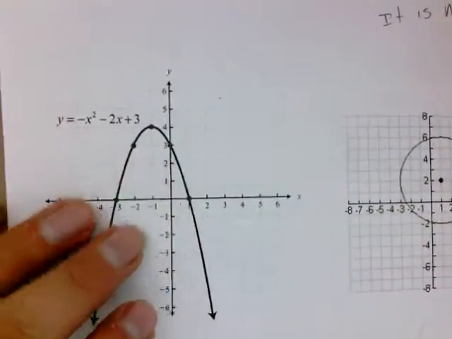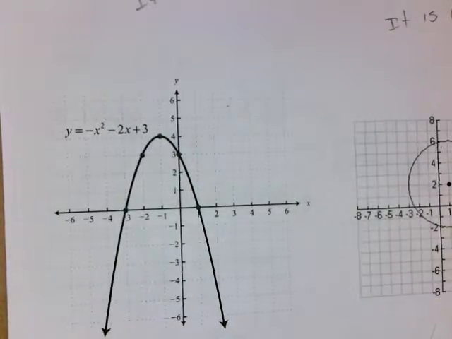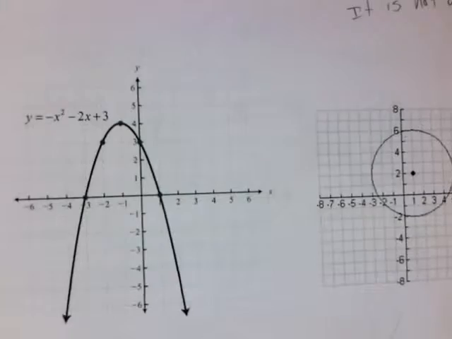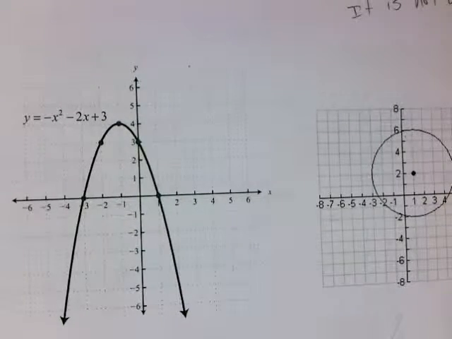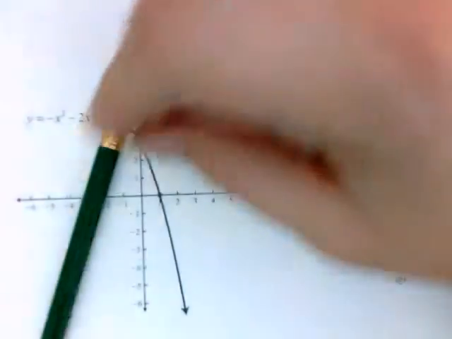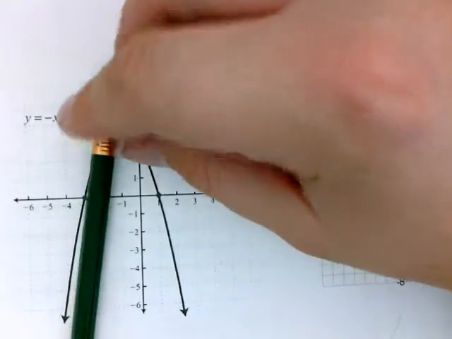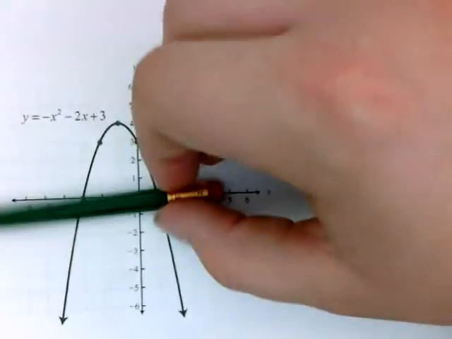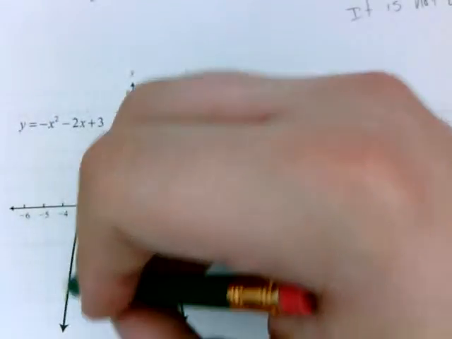Alright, this next one. Now, notice, the last one was sideways. This one is facing downwards. Let's start with my domain. Domain is left and right. This thing is going down and to the left forever. That means it's going to be expanding forever on the x-axis.